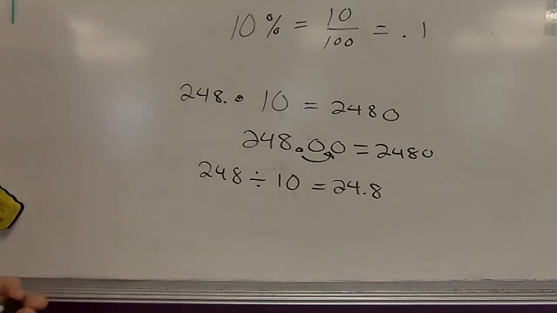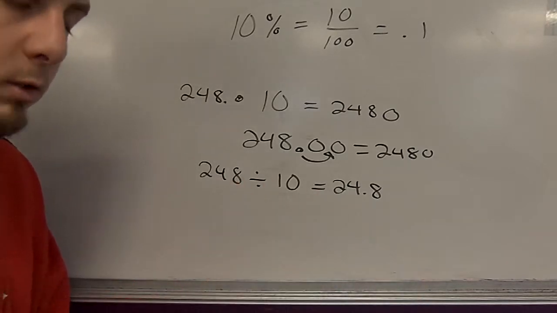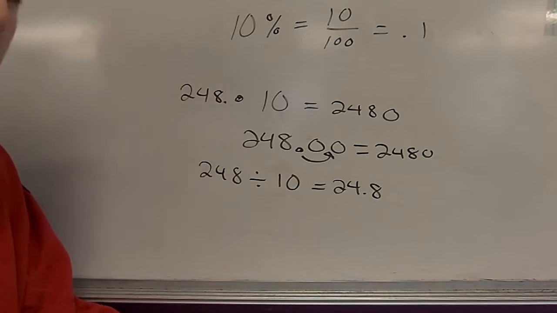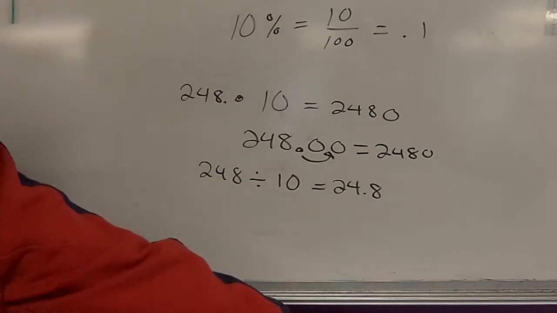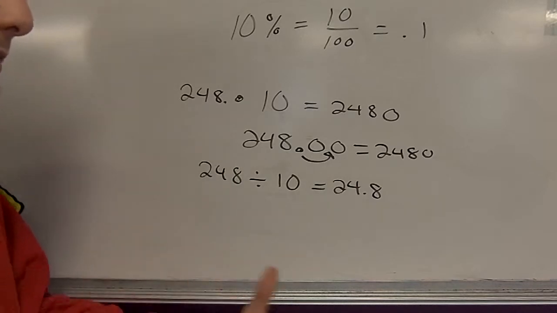So dividing by 10 will move the decimal left one space. Dividing by 100 will move the decimal left 2 spaces. Dividing by 1,000 will move that decimal left 3 spaces, etc.